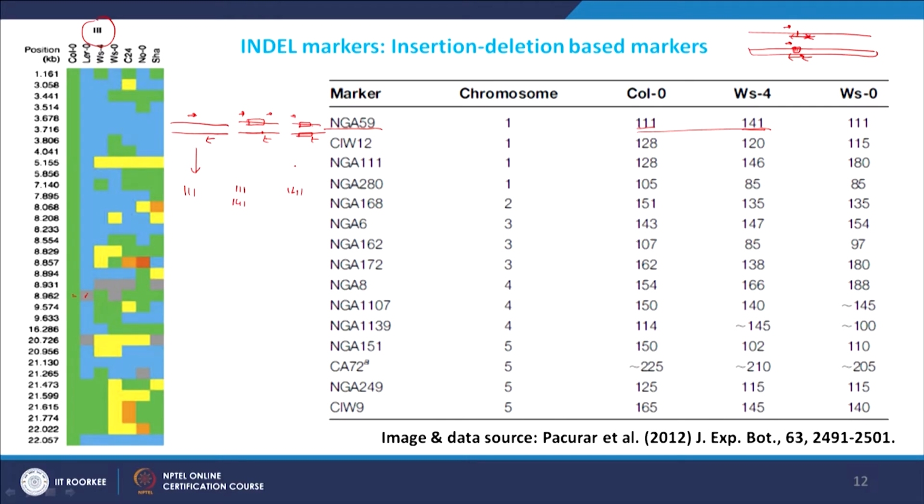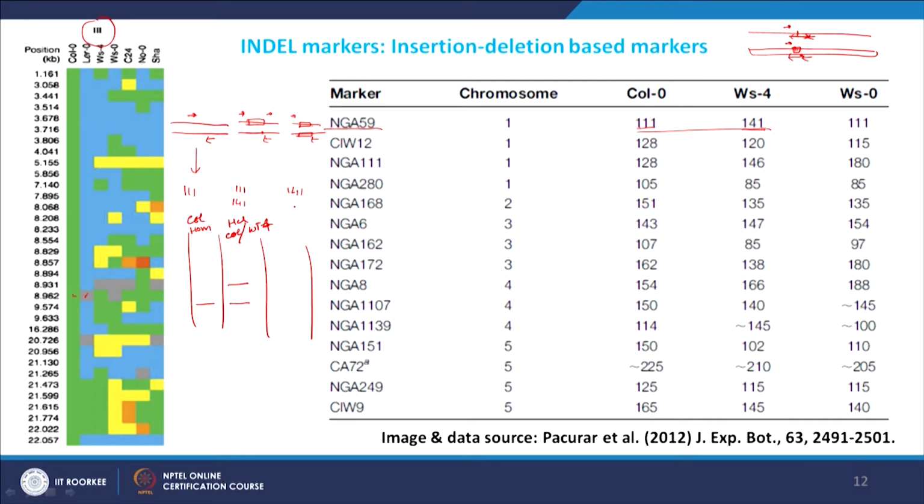So if you run it on the gel, you can clearly see this kind of pattern. If it is homozygous for Columbia, you are going to get a band of this size. If it is heterozygous for Columbia and WS4, you are going to get a band of this size and a band of this size. This is coming from one locus, this is coming from another locus.